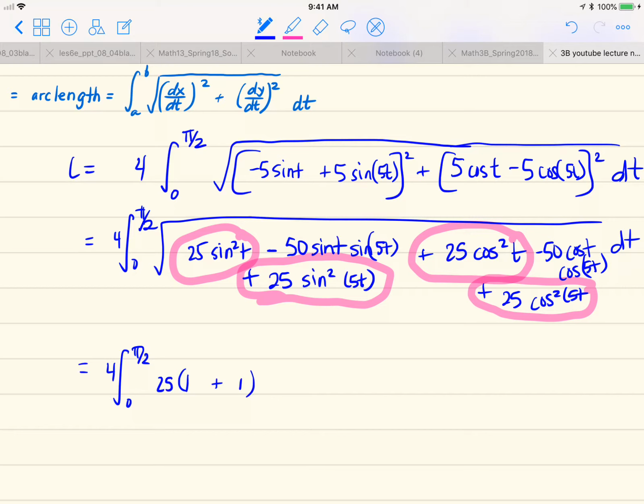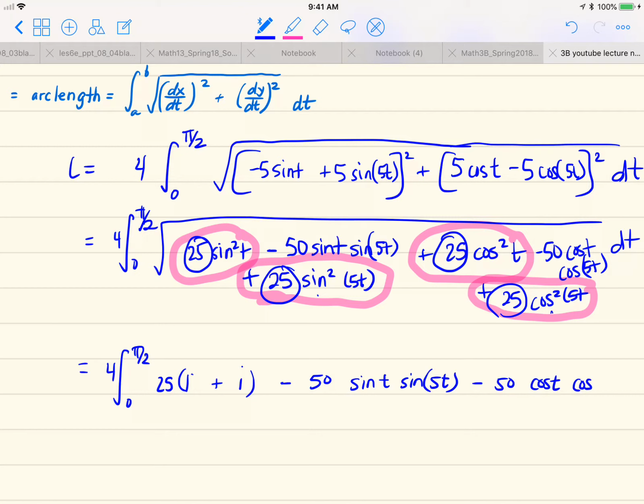Because we need to factor out the 25. Sine squared plus cosine squared is 1. And then again, factor out the 25. Sine squared plus cosine squared is 1. Okay, and then minus 50 times sine t sine 5t minus 50 cosine t cosine 5t. And then the square root of all of that, dt.